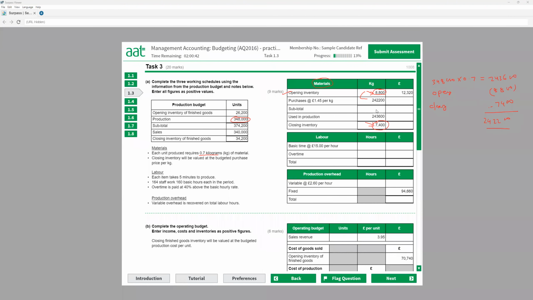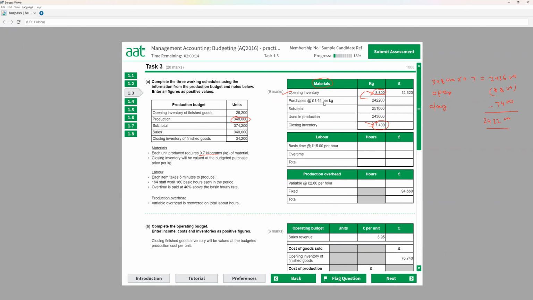So our material kilo is calculated now, is completed. Now we're going to look at the values. Now the question said the purchase will be per kilo 1.45. So 1.45 per kilo.